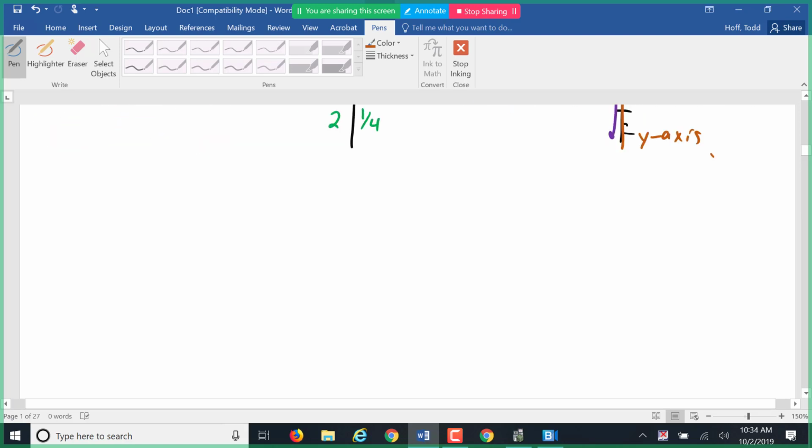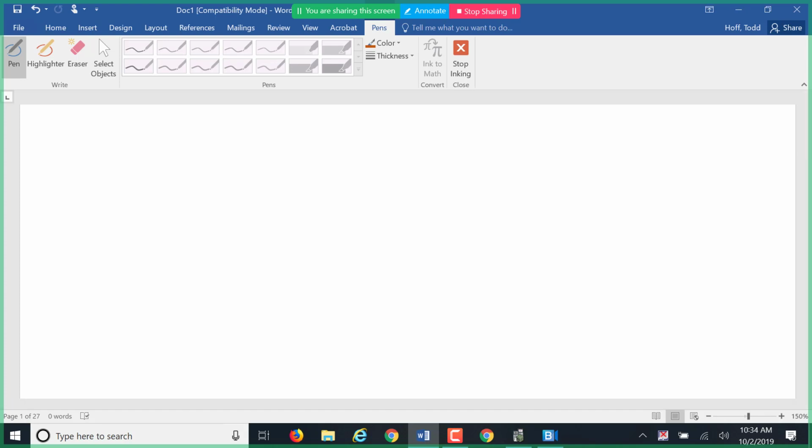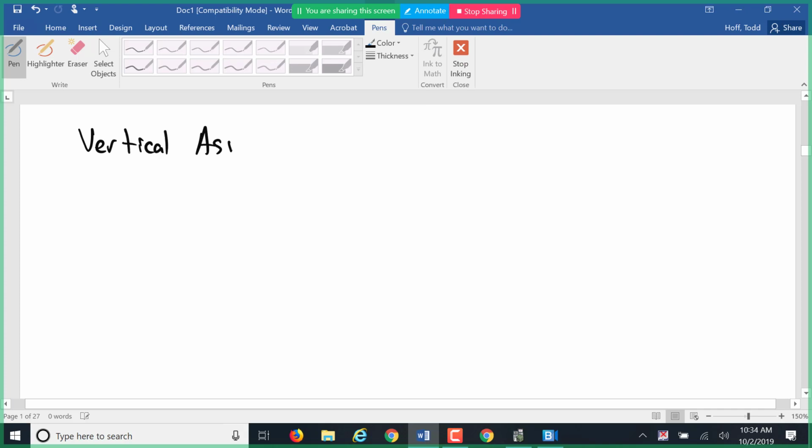So let's take a look at these rational functions and talk about finding vertical and horizontal asymptotes. We're going to start out with vertical asymptotes. Vertical asymptotes are values that x cannot take on.